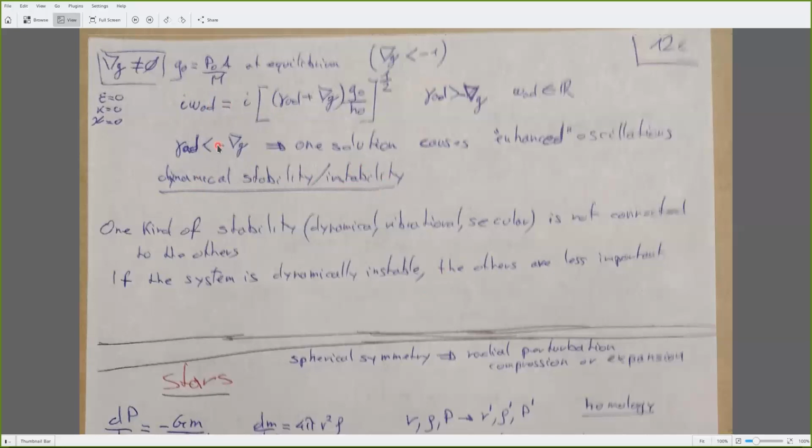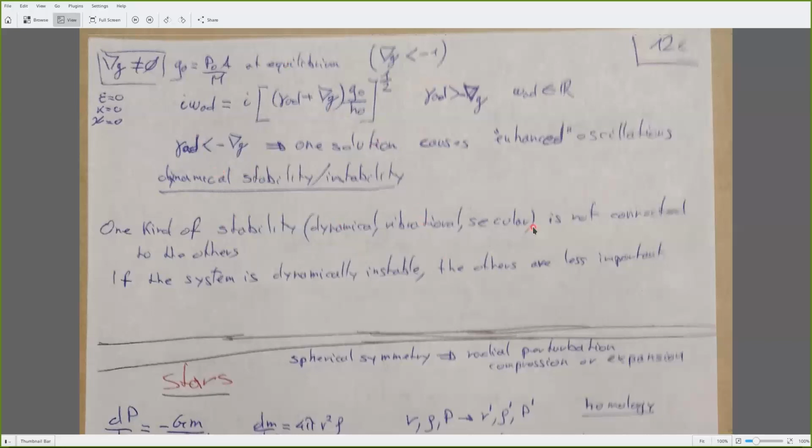We also saw that there is one kind of stability, dynamical, vibrational, or secular. And dynamical is this one, this way; vibrational we have with loss of energy, what causes the expansion, the contraction, to lose energy in another form, so it's weaker and weaker.